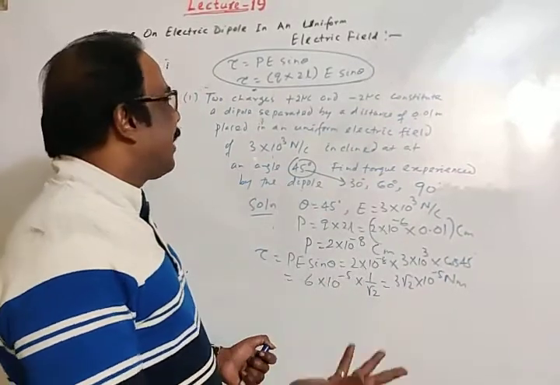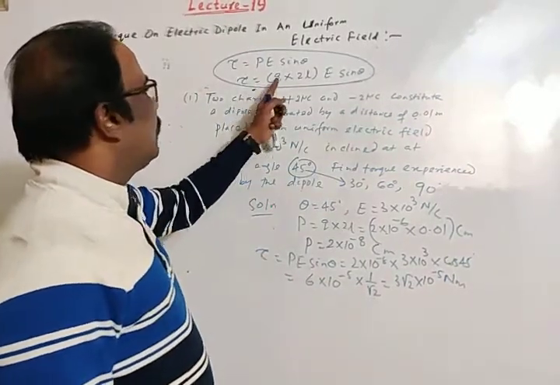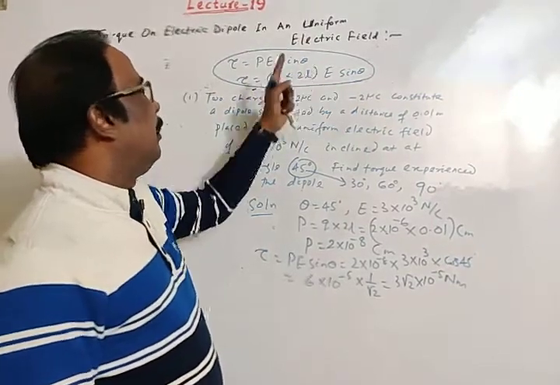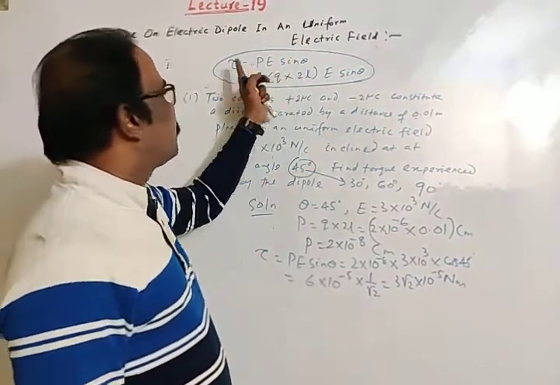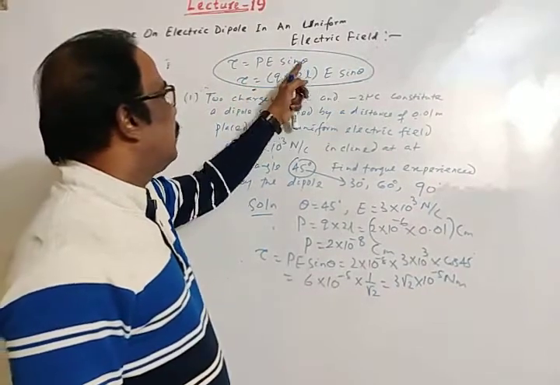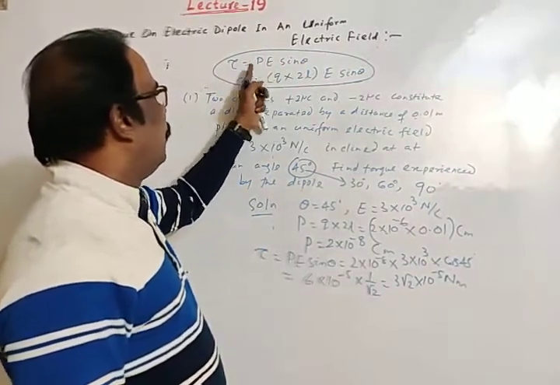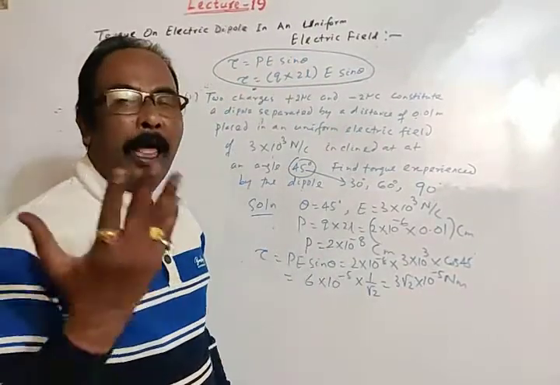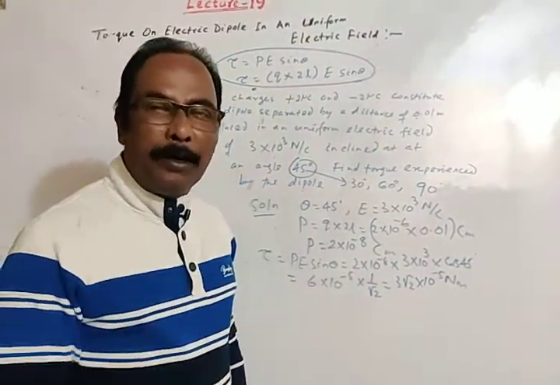So these are direct level questions. Torque is equal to Q into 2L into E sin theta, or P E sin theta. Suppose torque is P E sin theta: theta, P, E and tau, 4 variables. If 3 are given, then you can calculate the other one.